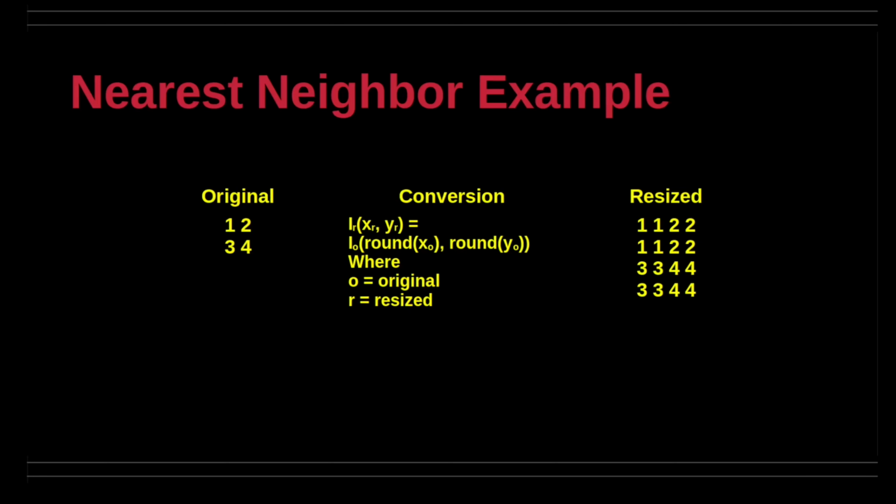Nearest neighbor interpolation is computationally efficient. It can introduce unexpected values when enlarging resized images if the pixel values change abruptly.